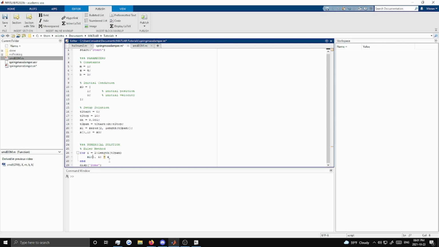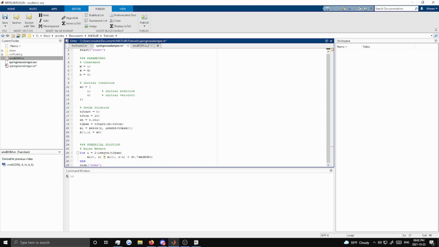And so we look at the previous step, which would be all the rows and the previous column, the previous data that we have. And we're going to add that to the time step that we took, delta t, multiplied by the function, which for our case is the spring mass damper equations of motion.